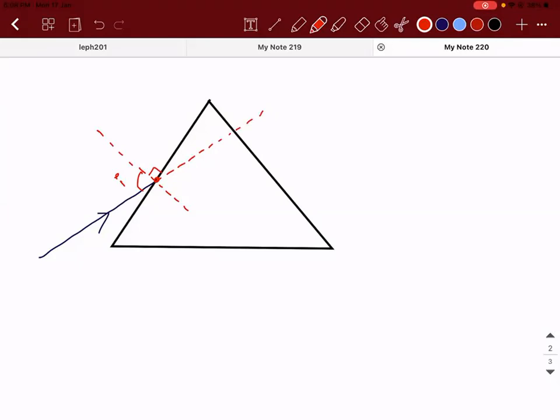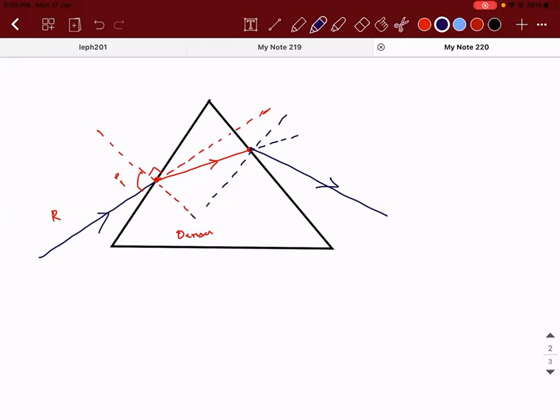Between the actual path and the normal, the ray will get refracted like this because it is traveling from rarer to denser medium. So at the second point of incidence, if I draw a normal at this point, then the ray is supposed to travel like this, but it will travel away from the normal because it is traveling from the denser to the rarer medium.